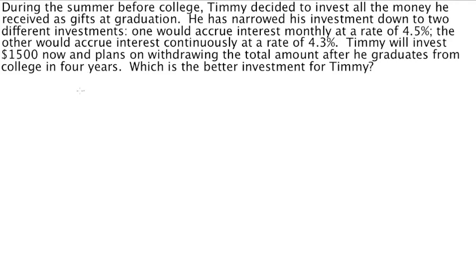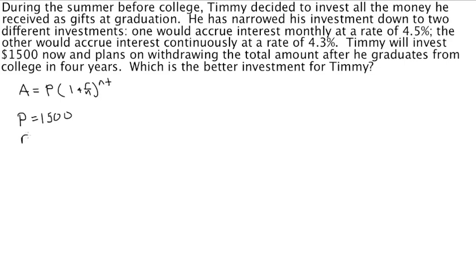So let's first look at the investment where interest is being compounded monthly. Since this is not continuously compounded interest, the formula that we need to use was the first one that we introduced: A equals P times (1 plus r over n) to the nt. Our players here: we want to find A. Our P is 1,500.